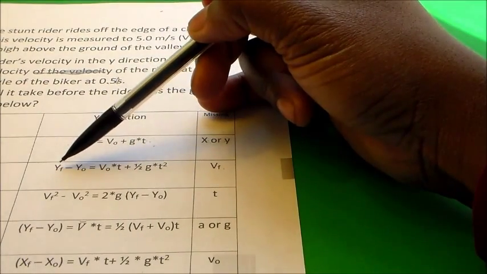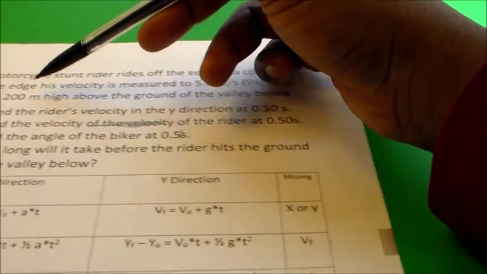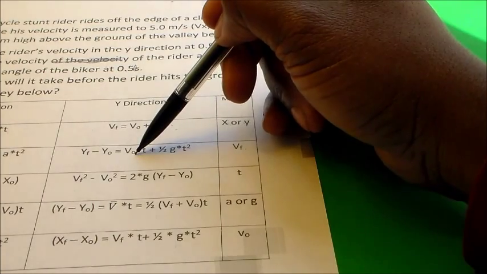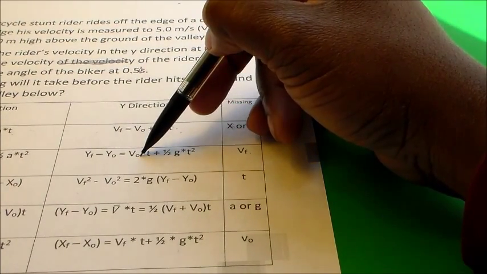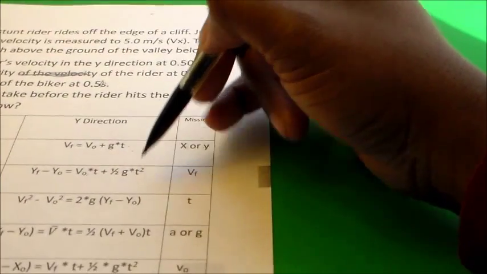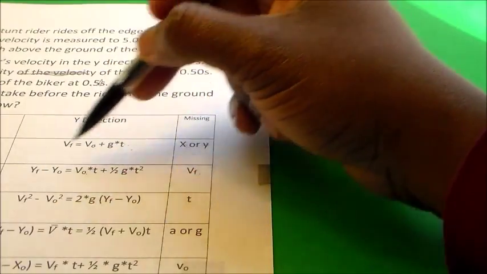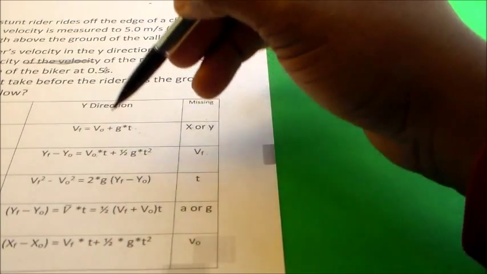We know that the final and initial distance together is equal to 200 meters, right? We know that the initial velocity is equal to 0. We know what gravity is equal to. We know what time is equal to. So we can use this equation. This is the best one to use of them all, and you can check to see if I'm telling the truth about that.